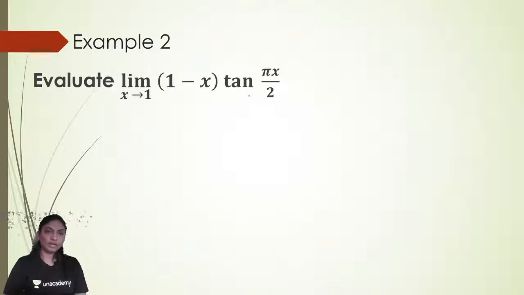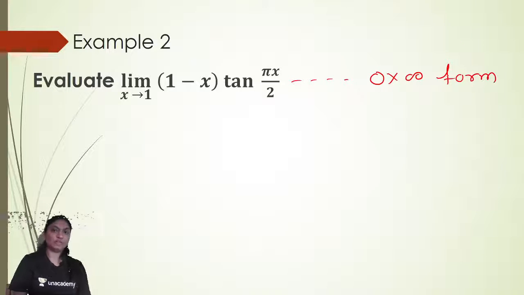Now next we will see this example: evaluate limit as x tends to 1, (1 minus x) into tan of pi by 2 into x. Put x tends to 1. Here you will get 1 minus 1 is 0, and tan pi by 2 is infinity. Again it is 0 into infinity form. So we will adjust this tan pi by 2x.